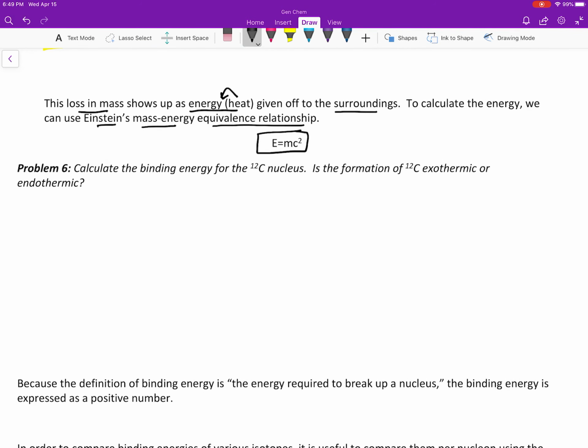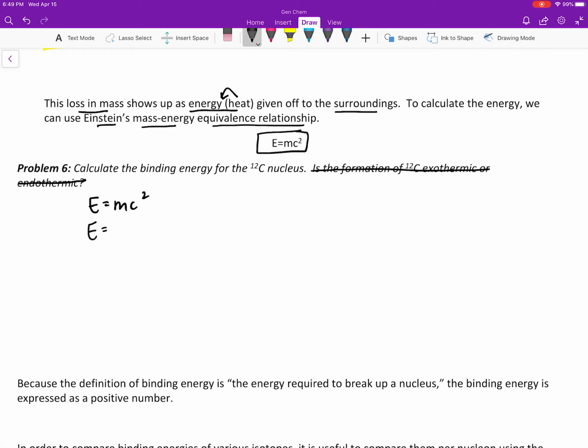All right, so calculate the binding energy for the carbon-12 nucleus, and then it asks, is the formation of carbon-12 exothermic or endothermic? We're going to answer it, but I'm not going to expect you to do that because we don't typically get into that level of nuclear chemistry in this class. So to calculate the binding energy, we need a couple of things.